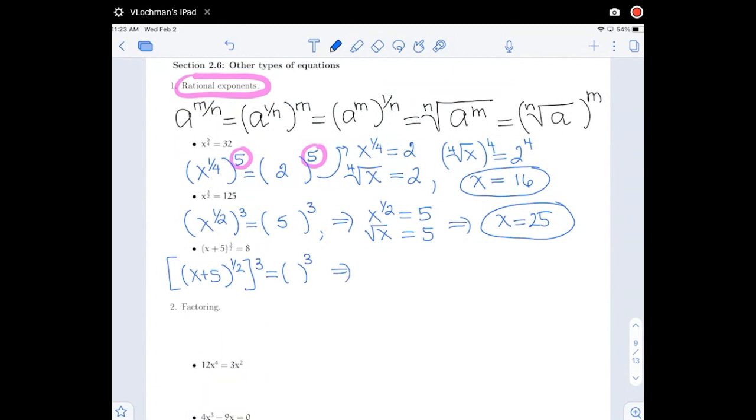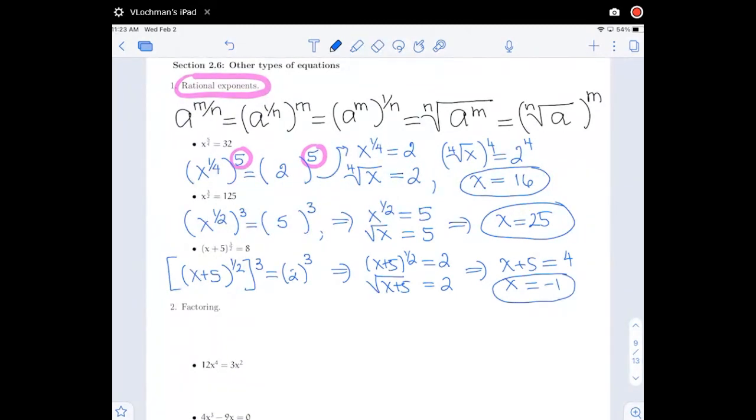Anything? 2. Very nice. So from here, we get x plus 5 raised to 1/2 is equal to 2. The square root of x plus 5 is equal to 2. We square each side, we get x plus 5 is equal to 4. So minus 5 from each side, negative 1 is our answer.